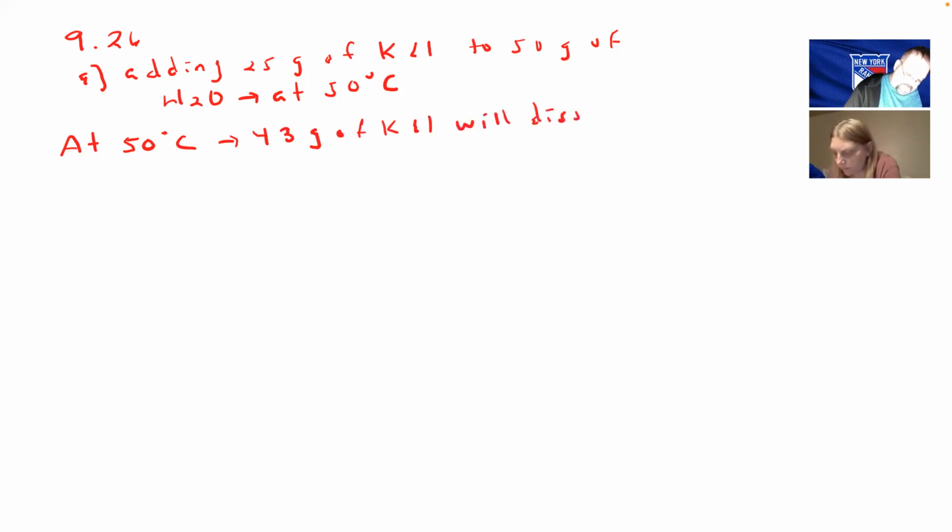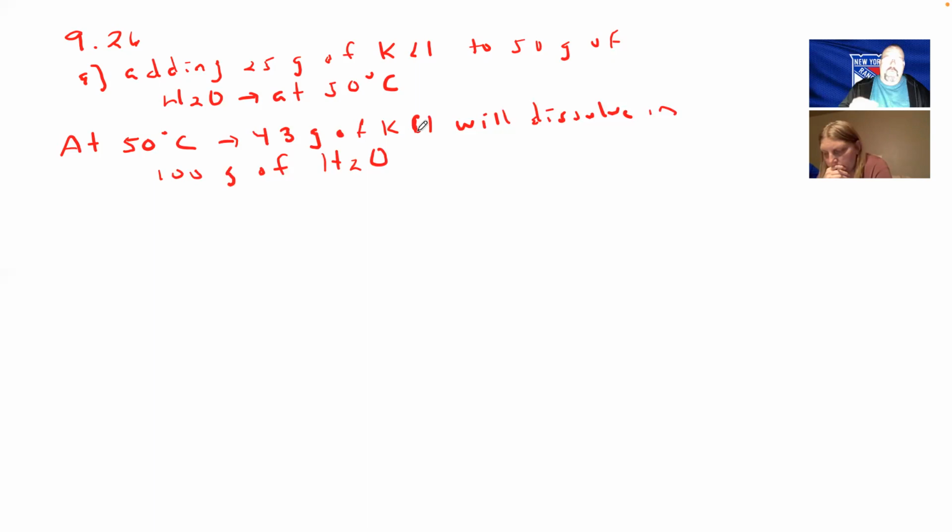will dissolve in 100 grams of water. So essentially, if you have 100 grams of water at 50 degrees Celsius, any amount up to and including exactly 43 grams of potassium chloride will dissolve in water.